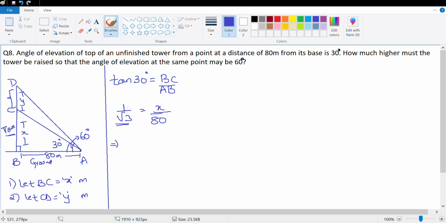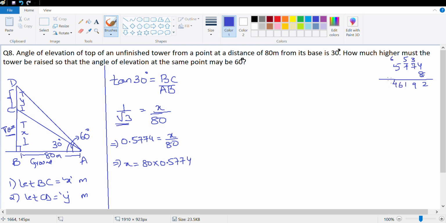Tan 30 from the logbook is 0.5774. So 0.5774 is equal to X upon 80, which means X is equal to 80 multiplied with 0.5774. Let's do that multiplication. 5774 multiplied with 8. 4 8s are 32, 7 8s are 56 and 3, 59, 7 8s are 56 and 5, 61, 5 8s are 40 and 6, 46.